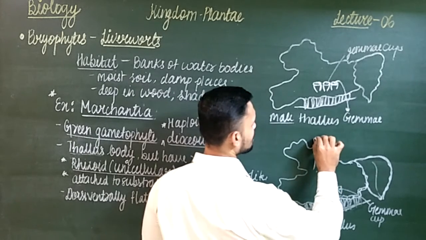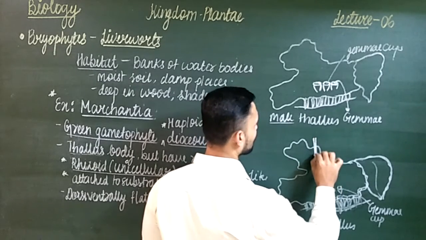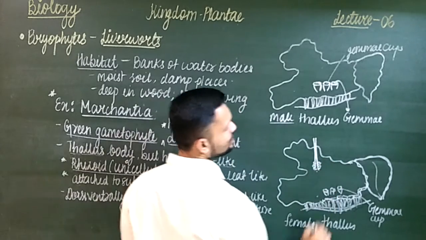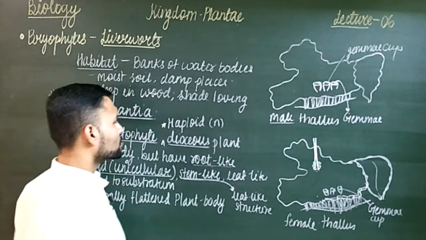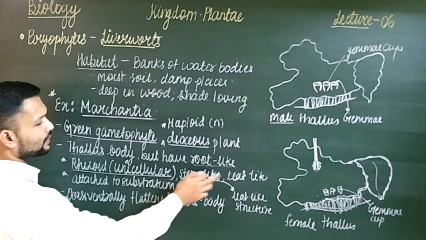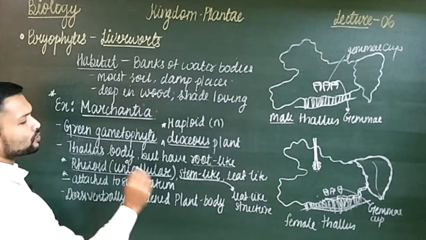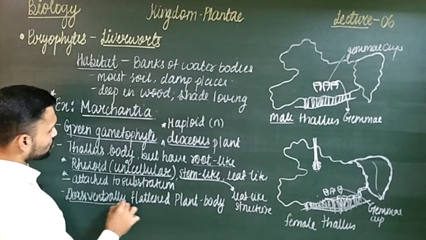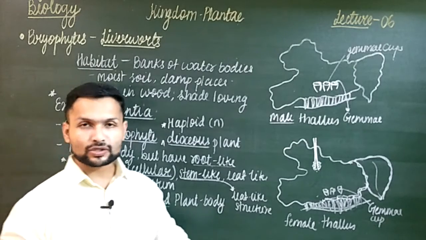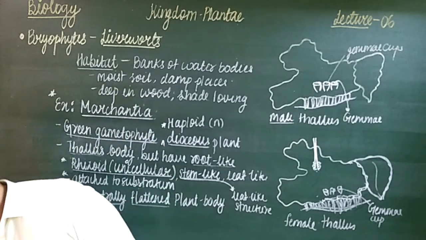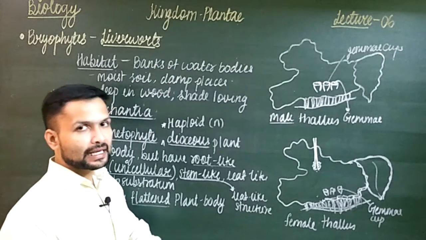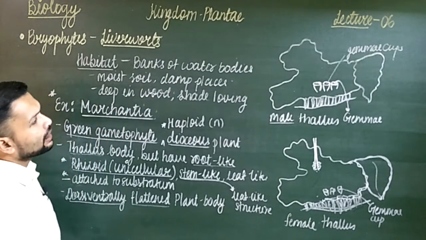You will find small leaf-like structures growing over there. And last, it is a dorsoventrally flattened structure. So the plant body grows along the soil. It is not vertical, it is moreover flat, dorsoventrally, and it spreads uniformly in the region.